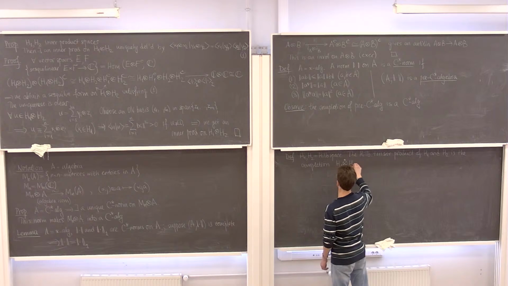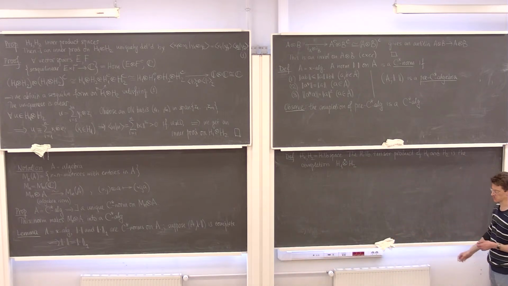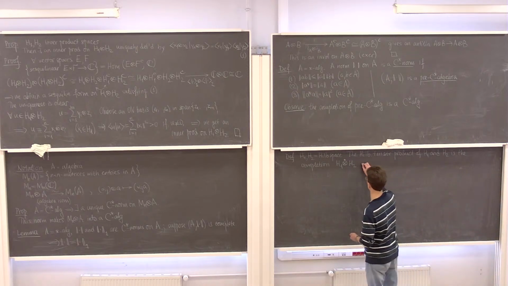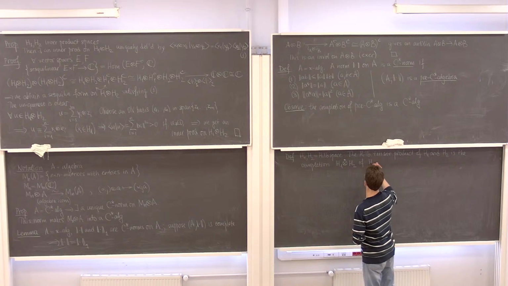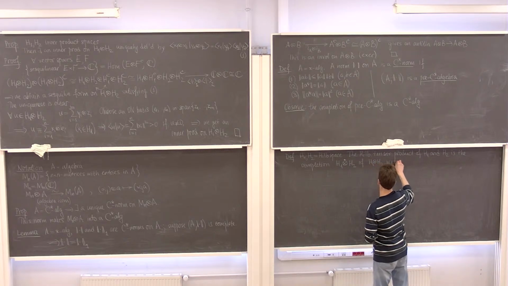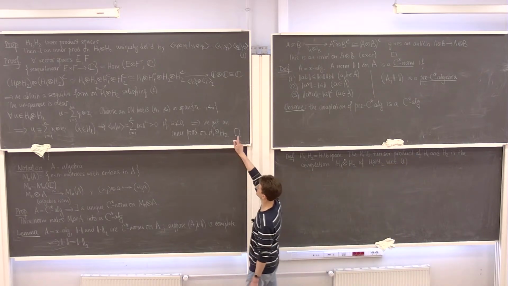So we put the dot over the tensor product sign in order to distinguish between this object and the algebraic tensor product. So this is the completion of H1 tensor H2 with respect to the inner product given by formula 1.